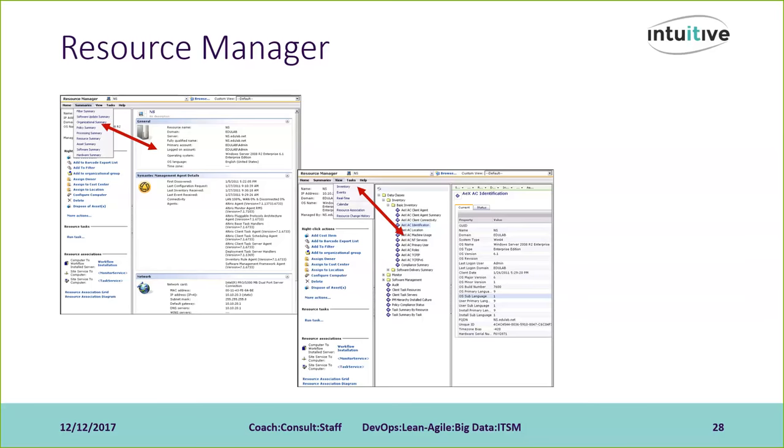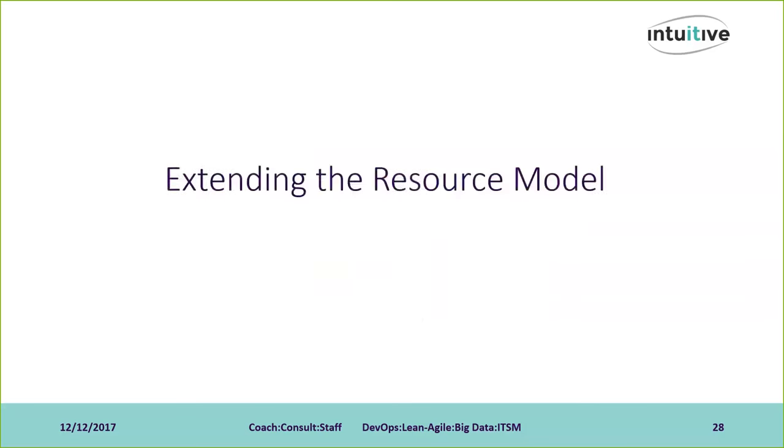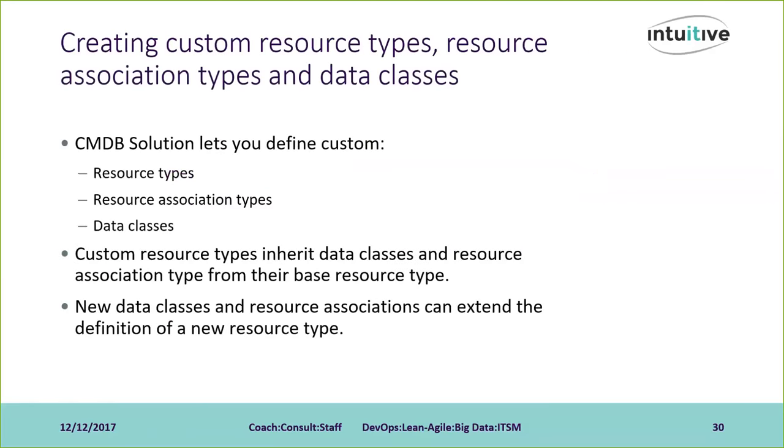Okay, let's take a look at extending out the resource model to fit any custom needs that you may have. So as a component of Asset Management Suite, CMDB solution provides many predefined resource types which satisfies the requirements of many environments. CMDB solution also lets us define, as I earlier mentioned, the custom resource type, resource association types, and data classes.